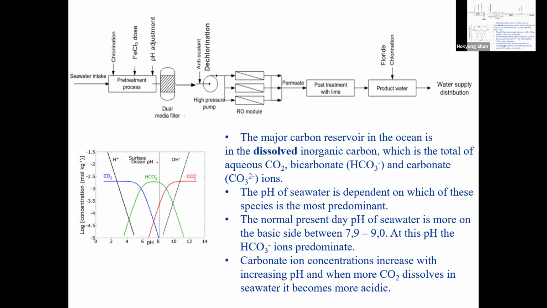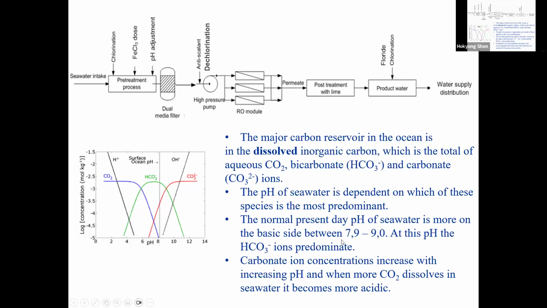But the CO2 itself cannot really dissolve because the seawater is at pH 8. So you can see the CO2 is converted to bicarbonate or carbonate compounds. This makes it easier for the animals to produce calcium carbonate.